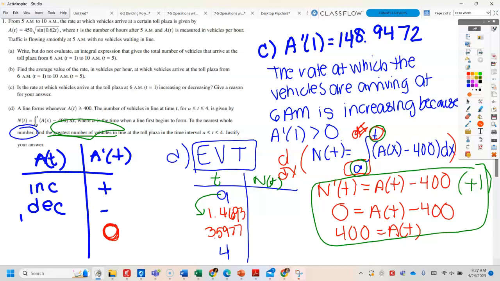And I would go math 9, 1.4693. And obviously if you do 1.4693 to 1.4693, we're going to get, and then you're going to do 1.4693 to 3.5977.